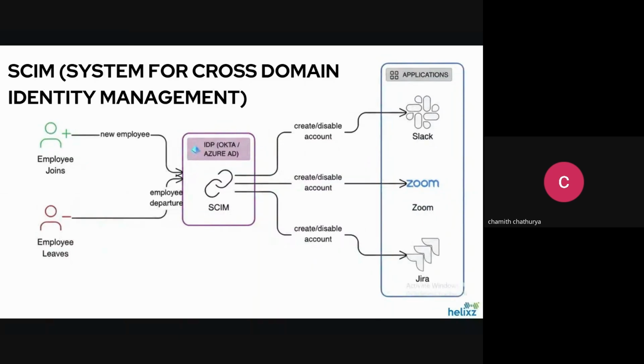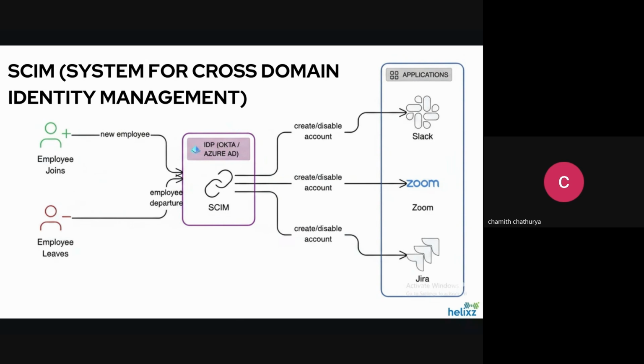Now we'll see what SCIM is, the System for Cross-domain Identity Management. In a traditional system, an admin has to manually create and delete accounts every time someone joins or leaves the company. SCIM automates the provisioning process.